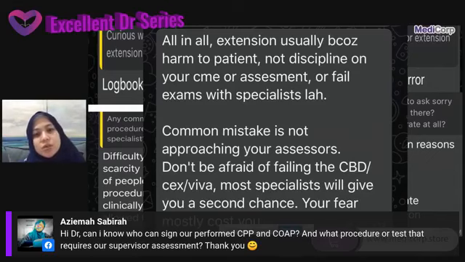The tests that require your supervisor's assessment are the case-based discussion and mini CEX. Usually, case-based discussion and mini CEX should be done by specialists, or in some departments, they give a registrar or a very senior medical officer the CBD or mini CEX instead.